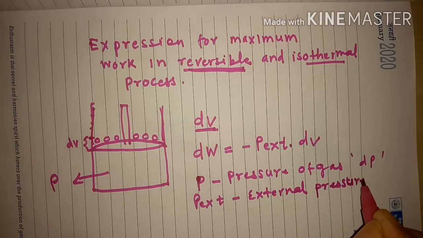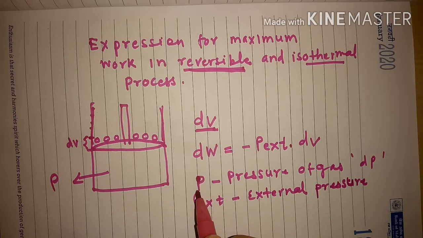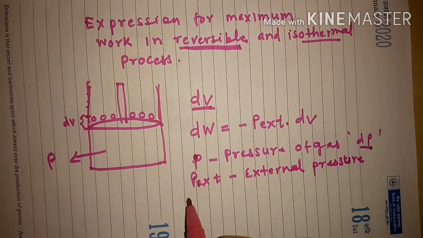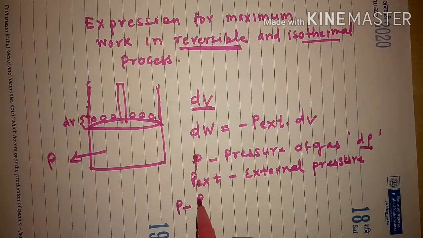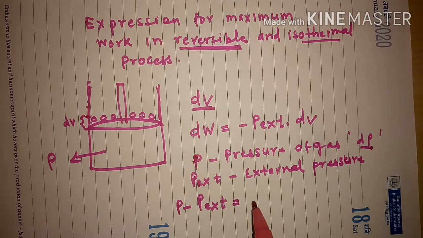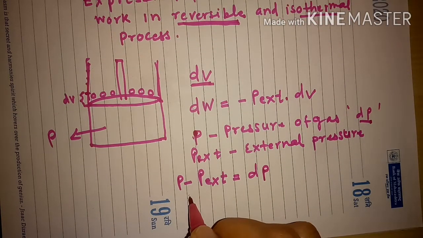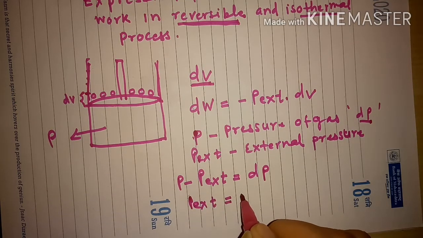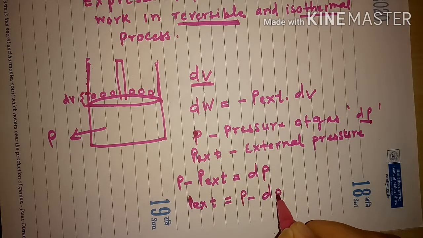As the values of P and P external differ by an infinitesimally small amount dP, we get P minus P external is equal to dP, or we can further write P external equals P minus dP.